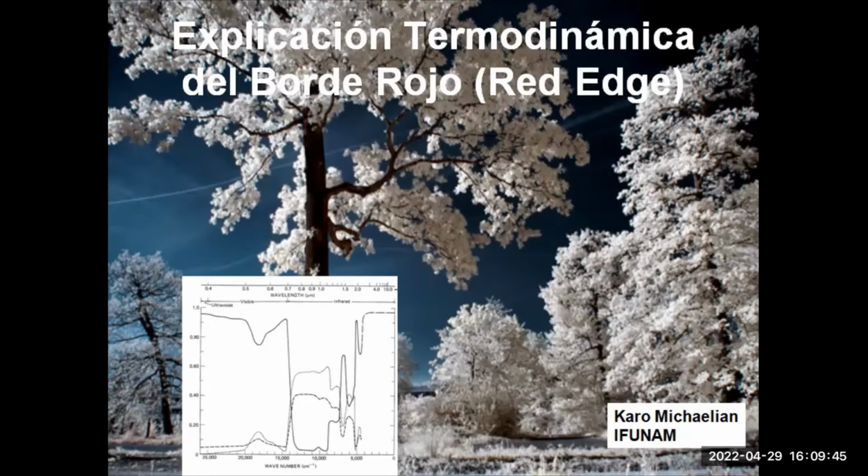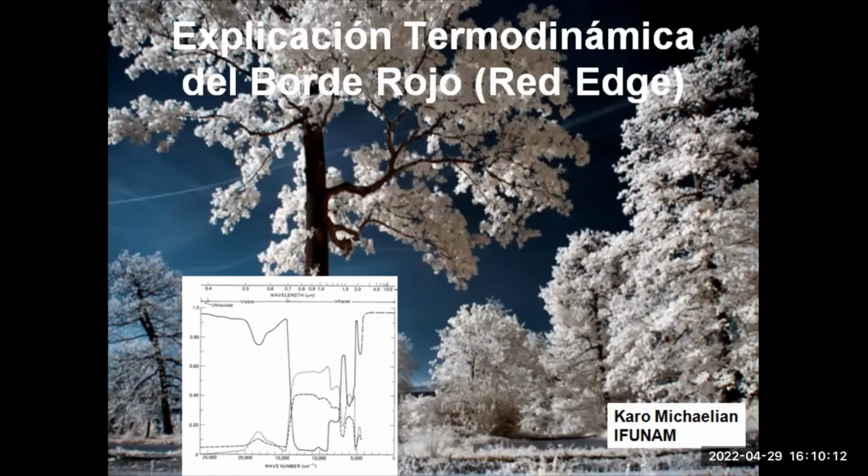So below about 700 nanometers, we have electronic absorption. So the electrons are going to a new excited state. And above 700 nanometers, well, really about 1.2 microns, then we get the vibrational states, so the absorption through vibration. That is the traditional explanation of the red edge.